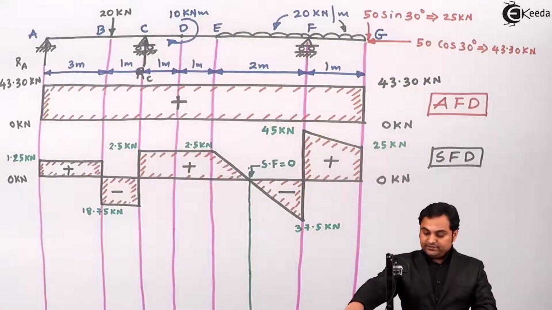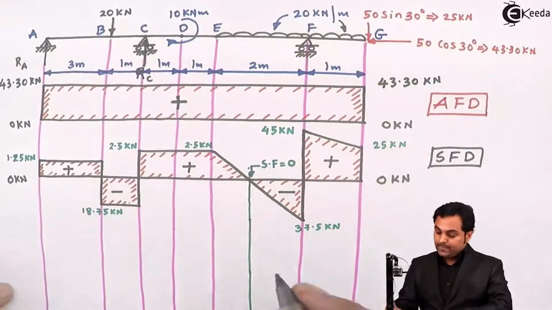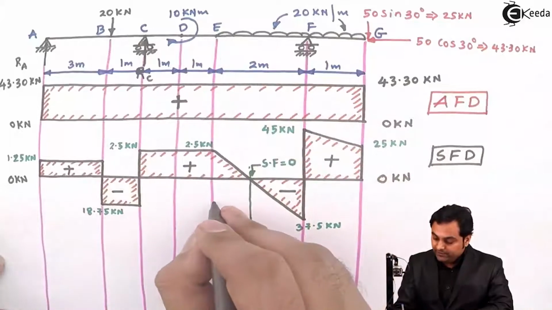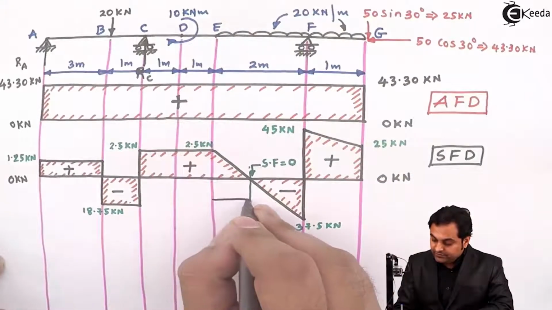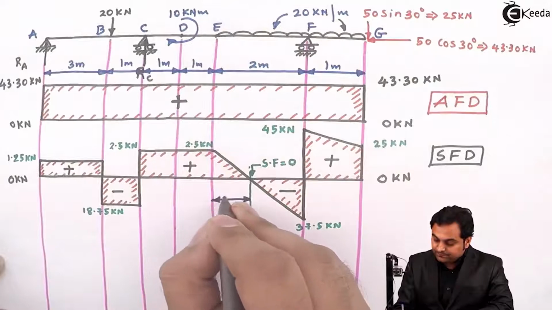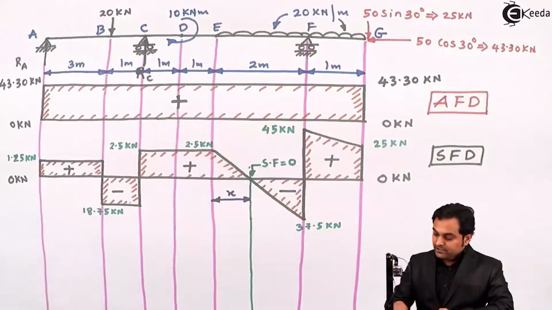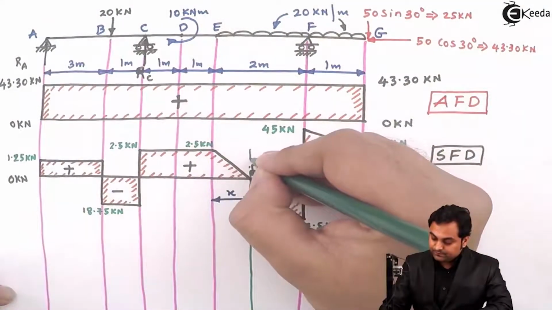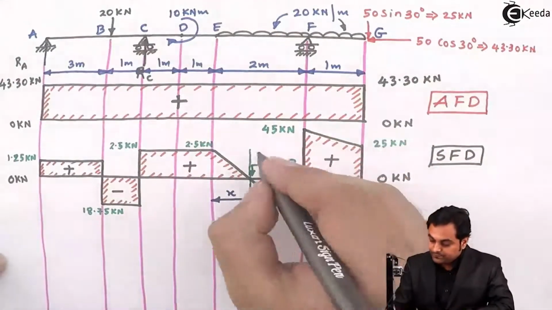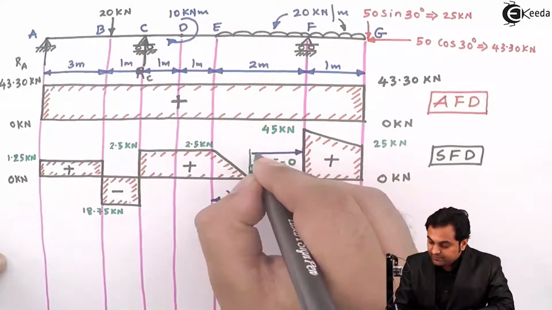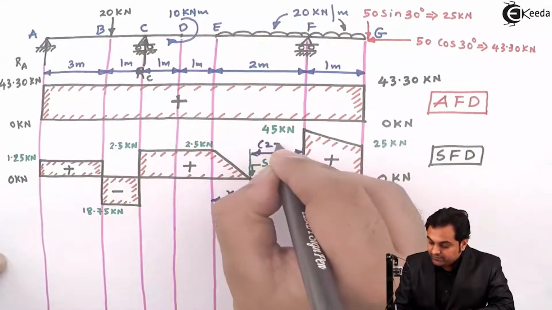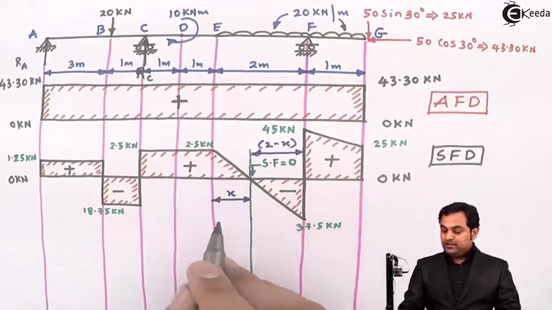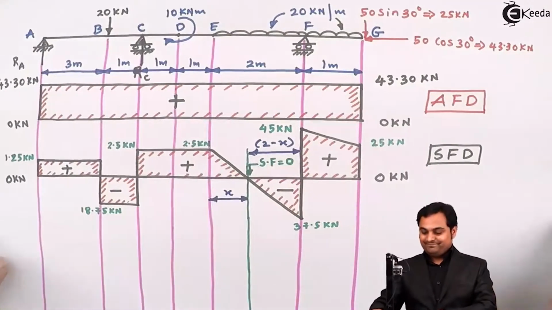But we do not know the distance where this shear force is 0. So I'll assume that from point E, this distance is x. So ultimately from point F, the distance will be 2 minus x. This much distance will be 2 minus x. So by using similarity of triangles, both are right angle triangles, I'll get this distance x.